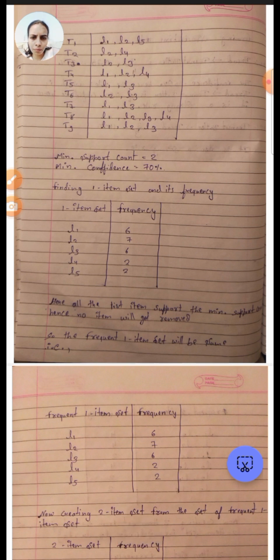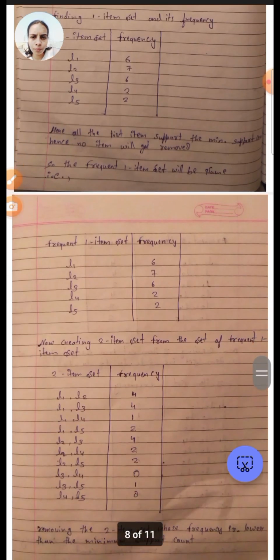The frequent item sets L1 to L5 and their frequencies are given below. For L1 the frequency is 6, for L2 it is 7, for L3 it is 6, for L4 it is 2, and for L5 it is also 2.